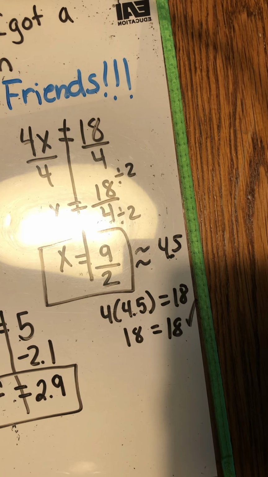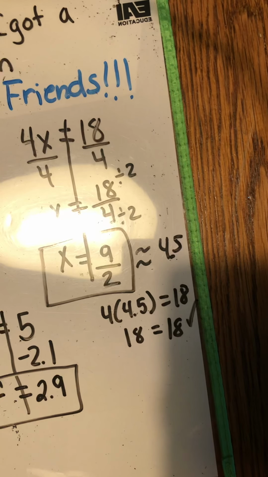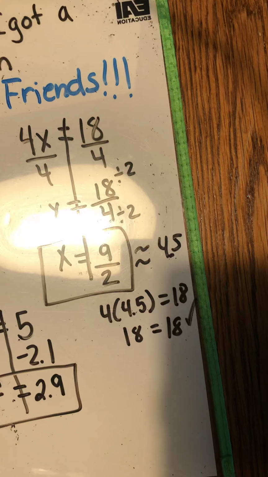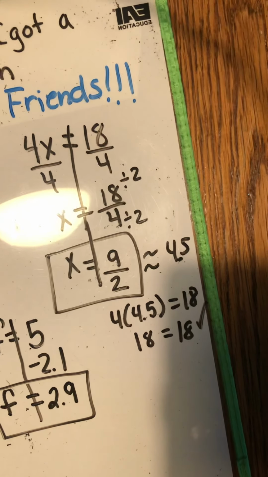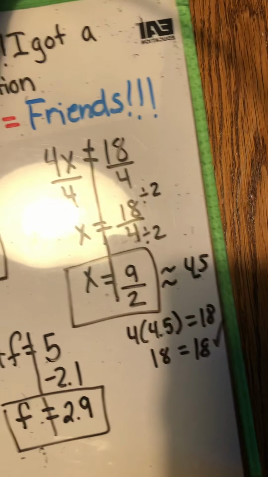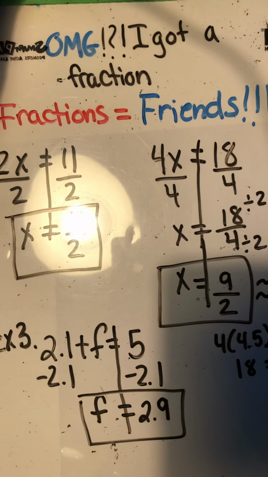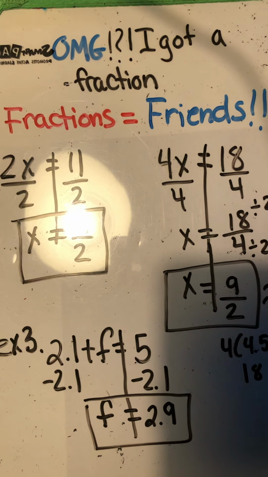We're actually going to spend quite a bit of time, I think like 2-3 lessons, on solving equations with fractions. I'm going to teach you a way to get rid of your fractions to make your life easier. It doesn't mean you're not going to get fraction answers. It just means you're not going to have to add, subtract, multiply, and divide fractions as much as you would if you were using fractions throughout the whole solving equations process.